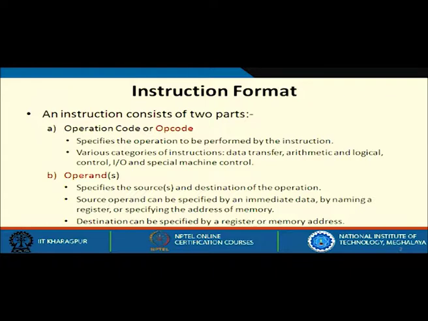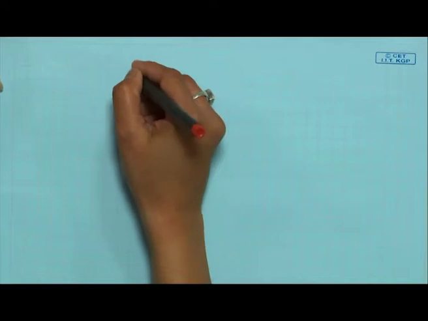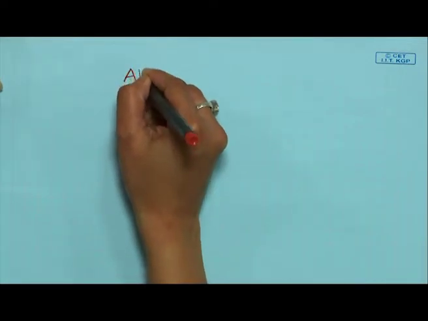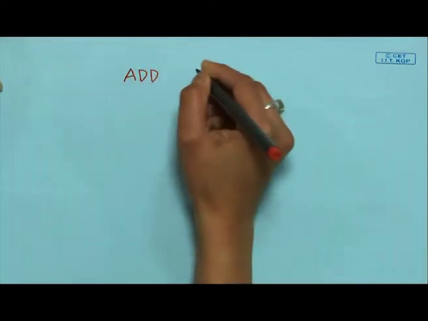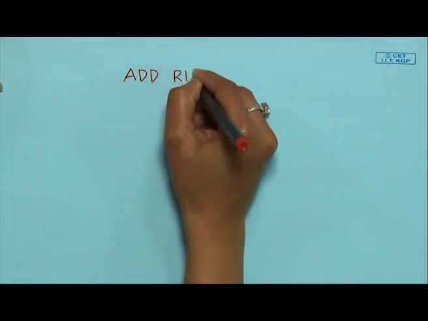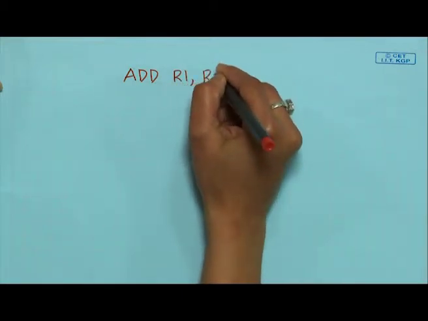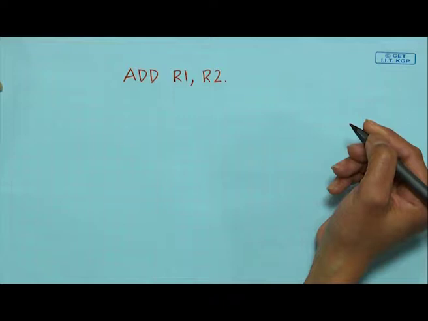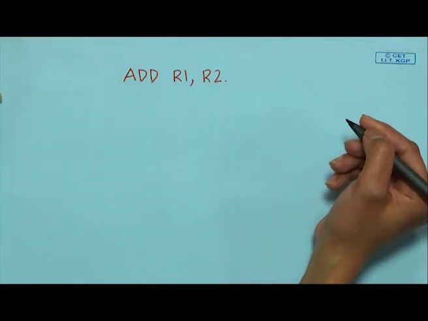So, what is an opcode? If we take an example, let us say add R1 R2. The opcode specifies the operation to be performed.